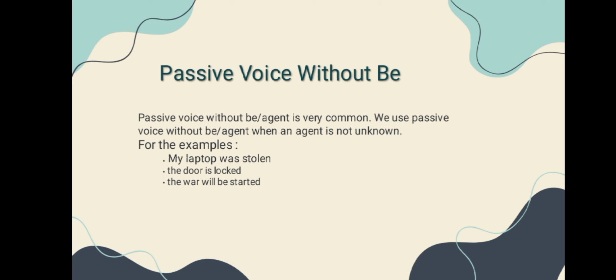The war will be started. So, look at the first example. My laptop was stolen. We don't know who stole my laptop. So we have to use passive voice without an agent here.